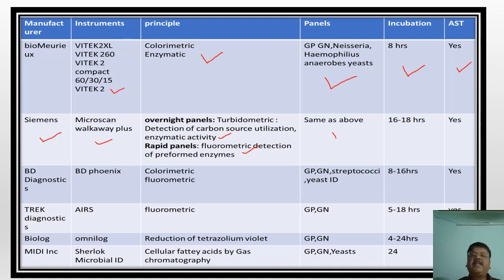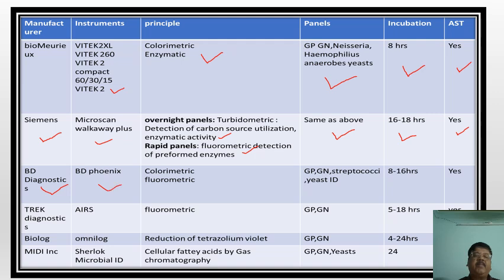All these panels are similar to bioMérieux: gram positive, gram negative, Neisseria, Haemophilus, anaerobes, yeast. Each will have different cassettes for their utilization, and the cost of their consumables will also be different. Then incubation is 16 to 18 hours, and we can detect the antimicrobial susceptibility. Then we come to BD Diagnostics.